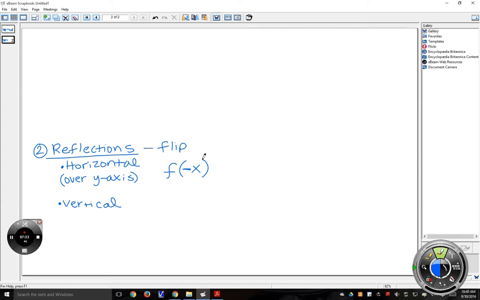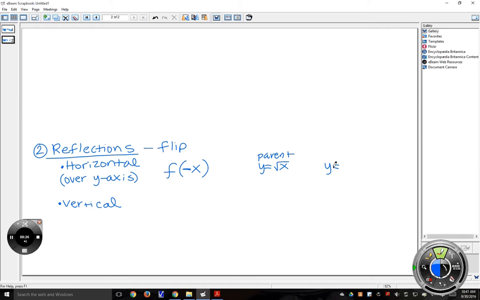And so an example of that, if we had a parent function that was y equals the square root of x, and we wanted to have this reflection over the y-axis, any idea what we would rewrite our function as? So if this is our parent function, how could I adjust the function to show in its equation a reflection over the y-axis?